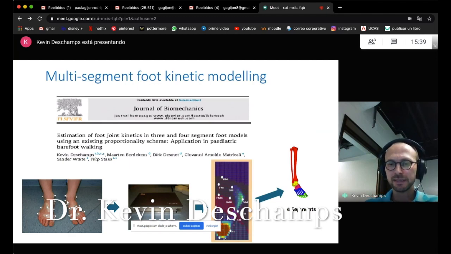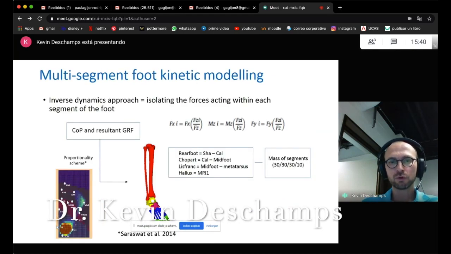By combining those two and synchronizing both equipments, basically the motion capture system and the force and pressure plate, we are able to combine that information and move forward towards an inverse dynamics approach, in which the segmentation provided by the multi-segment foot model is also used for segmenting the total ground traction forces occurring within each foot and each segment of the foot.